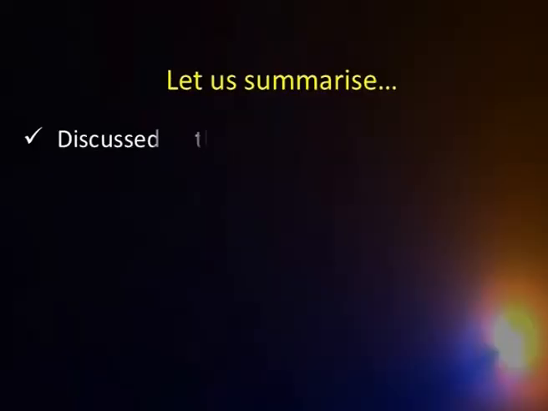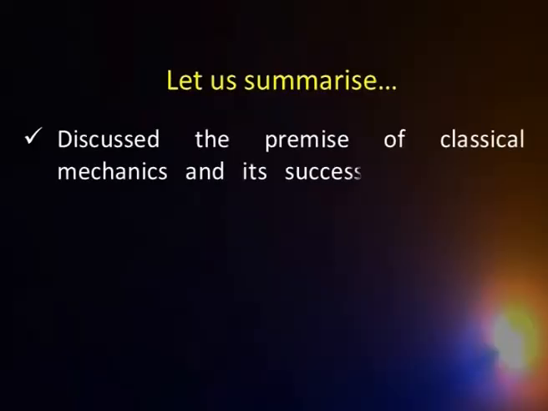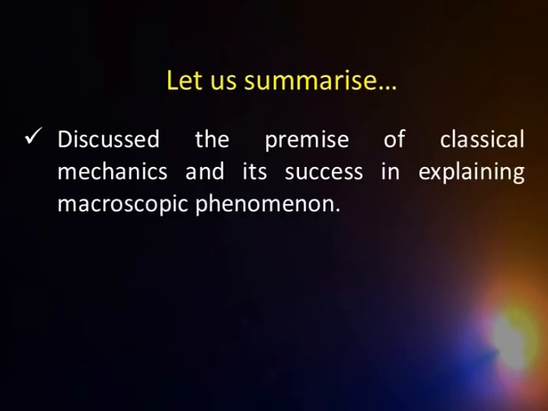Let us sum up what we have done today. We started with understanding the basic premise of classical mechanics, and on the basis of that, how comfortable we are in explaining macroscopic observations. Thereafter, having established that classical mechanics works fairly well for macroscopic systems, we came down to 2 experiments particularly, one blackbody radiation and two the photoelectric effect.